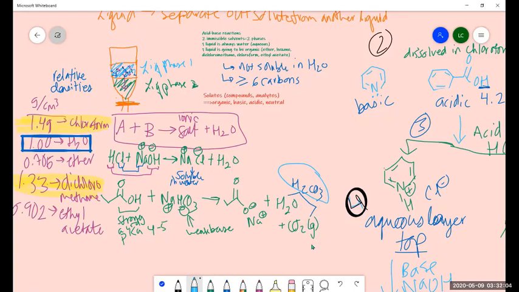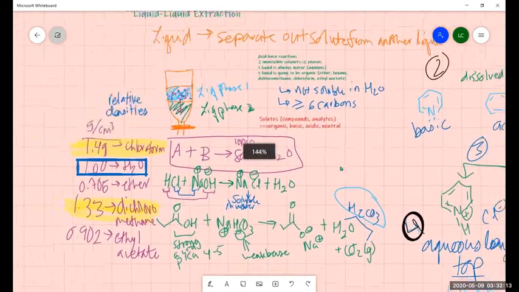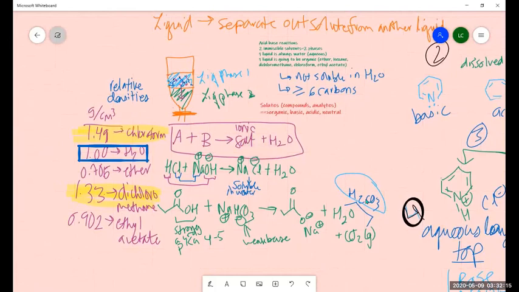In order to keep the funnel from blasting off, which is not a fun experience, I've seen that happen before, you need to vent. So you put a stopper, then you shake it. If you see your manual, they describe the whole process, you probably remember. Then you shake it and vent the carbon dioxide gas towards the back of the fume hood.